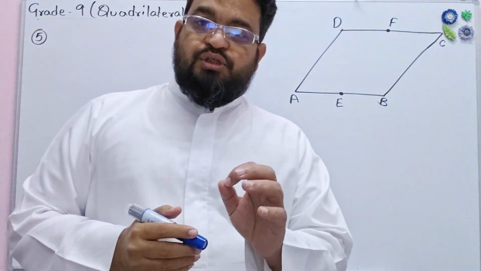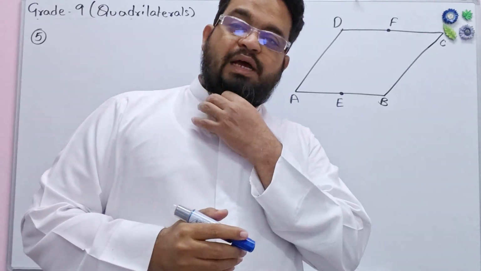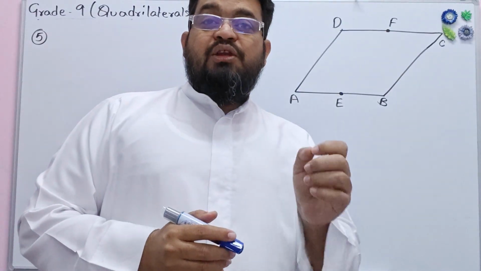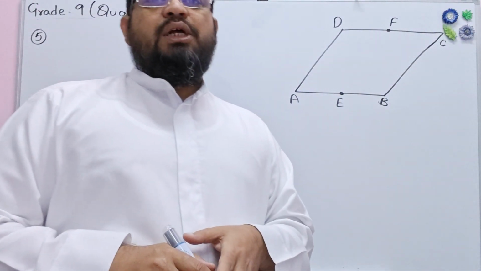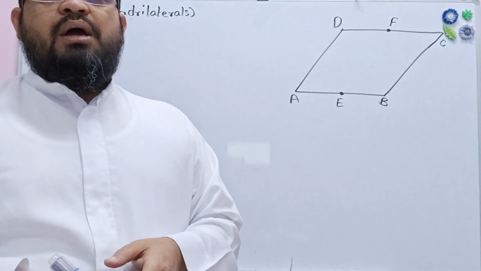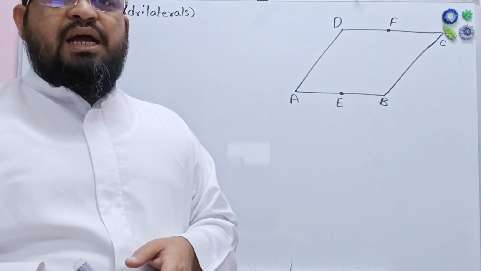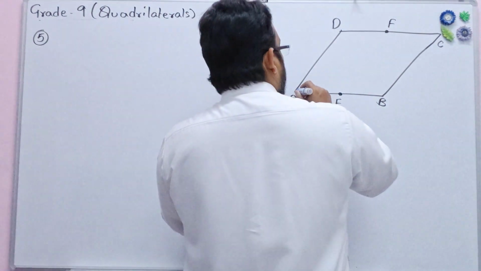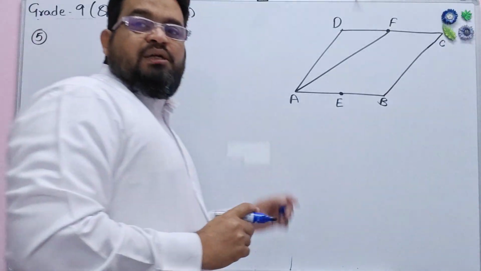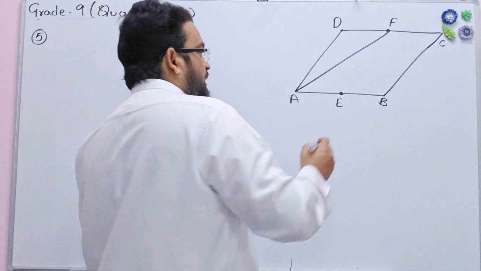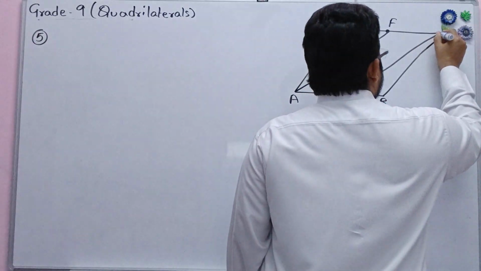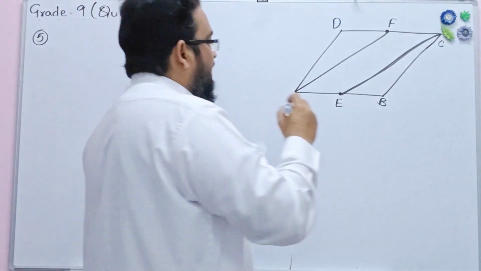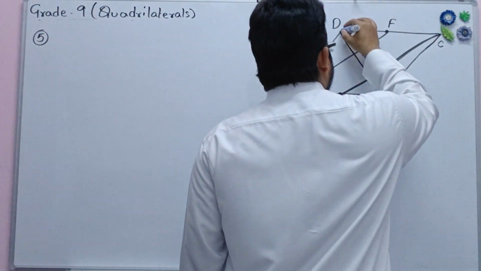Students, whenever you read a question, please please draw the diagram or the figure, then you will understand the concept. Show that the line segments AF and EC trisect the diagonal BD. Show that the line segments AF means join A and F. After that, EC, E and C. So AF and EC trisect the diagonal BD. So let us take this as diagonal BD.